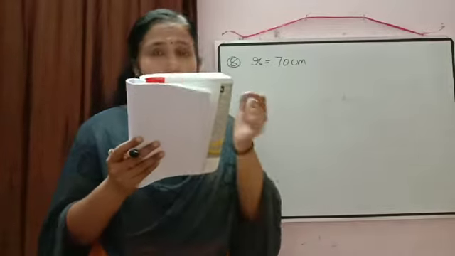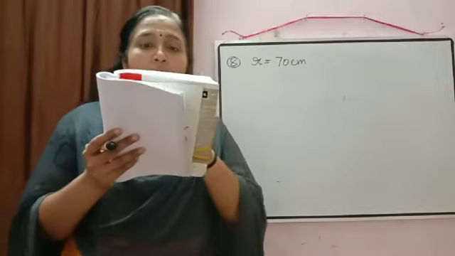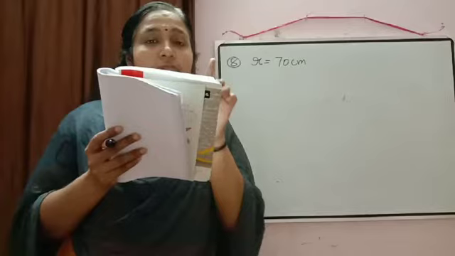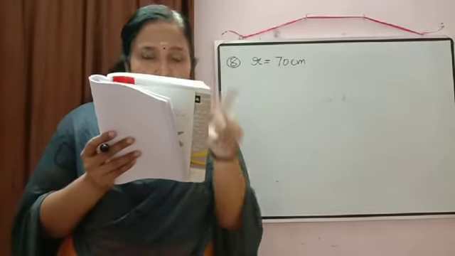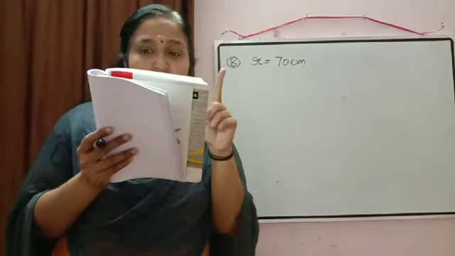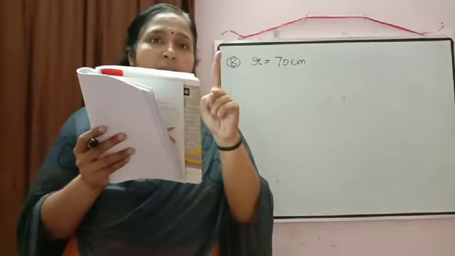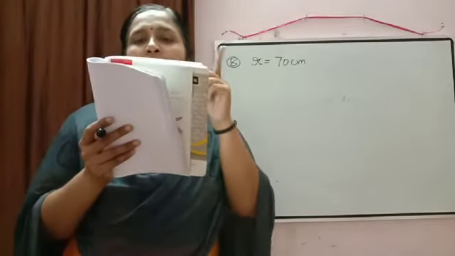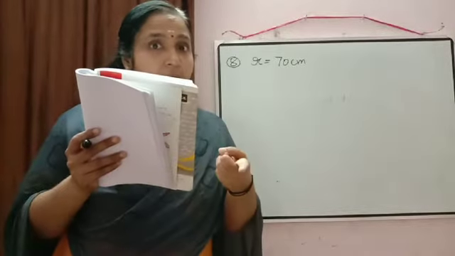So first you have to understand the question. How many revolution per minute? So what we have to calculate? We have to calculate the number of revolution in 1 minute. So for that, first what we have to calculate?